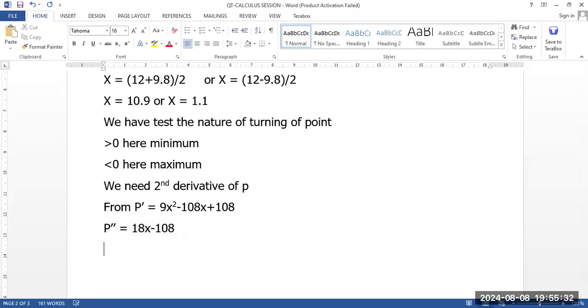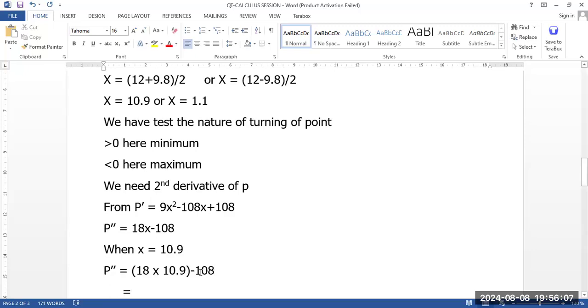So we want to substitute. When x is equal to 10.9, what will be your second derivative figure? Where there is x, put 10.9. This is 18 times 10.9, then minus 108.